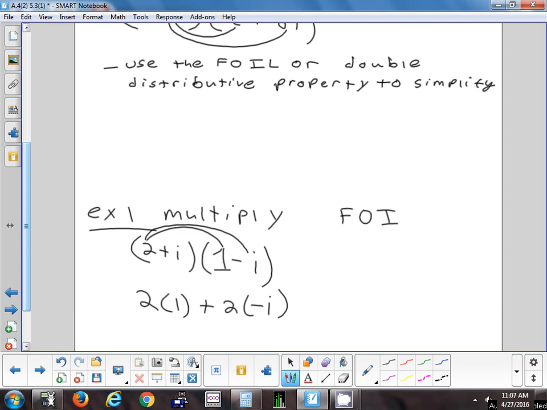What are my inner terms here? The 1, yeah, and nope, the 2 is on the outside. The i, yeah. So we're going to multiply the 1 and the i. And the last is L. And Stephen, what are my last terms here? i and the other i. Yep, i and -i.